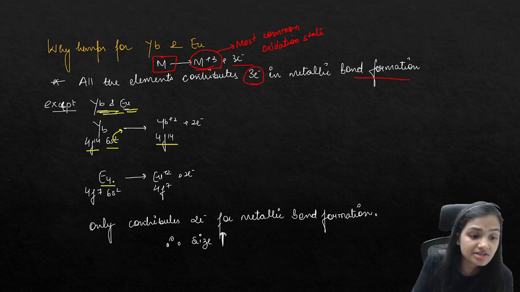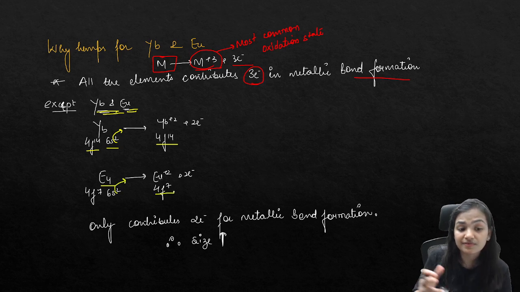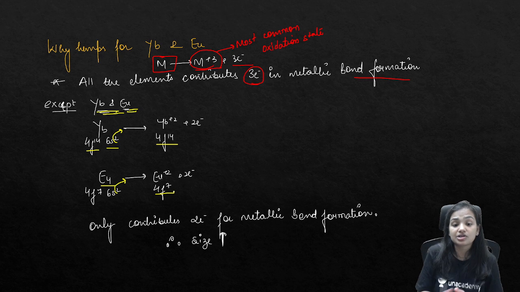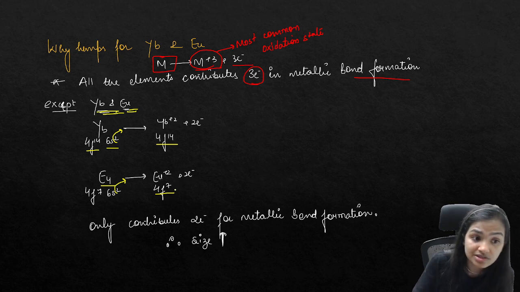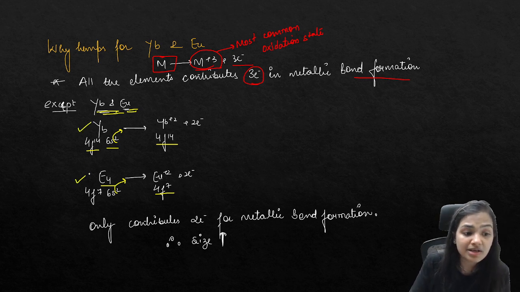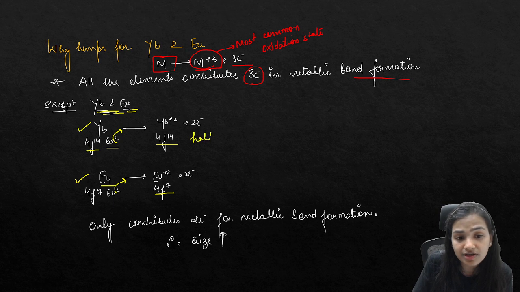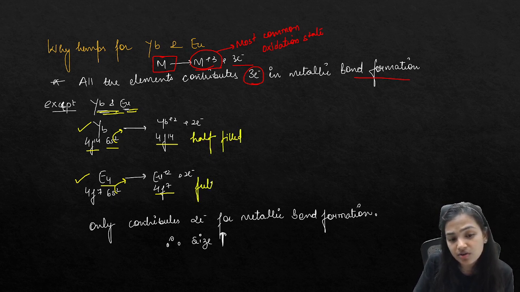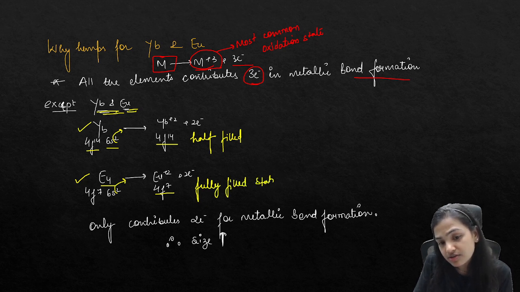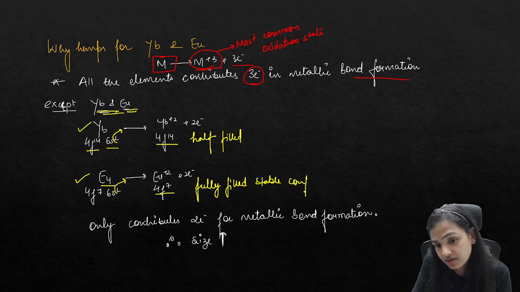And similarly in the case of EU, if you lose 2 electrons, then the configuration will become 4f7, which is the half filled configuration, and the half filled configuration is much more stable. So in the case of YB and EU, because of the half filled and fully filled stable configurations, they are just contributing 2 electrons.